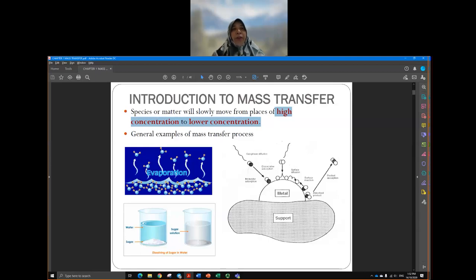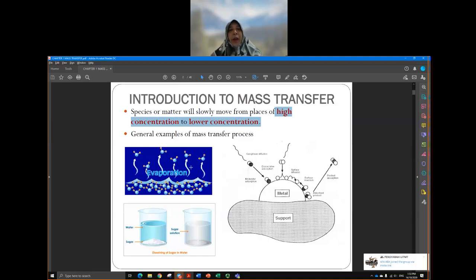When mass transfer takes place, it transfers from this bulk of water to the environment. In the environment, you have a lower concentration of water molecules. So the transfer is from the water to the environment.